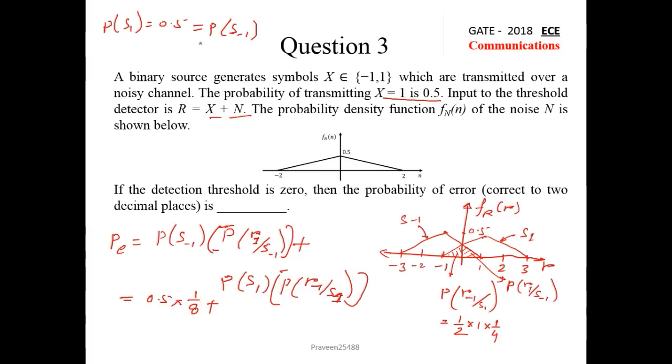Similarly, probability of s1 is 0.5, and this area is also 1/2 into 1 into 1/4. So this would be 1/8. So here we can write 1/8 plus 1/8, which is equal to 0.125. So our correct answer would be 0.125.